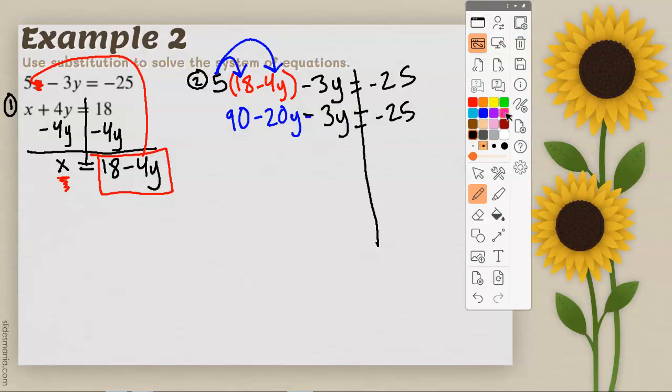Now we're going to combine our like terms. We're looking for the two that have the same variable on the same side. So negative 20y and negative 3y is negative 23y. I bring down the 90. And I bring down the negative 25.